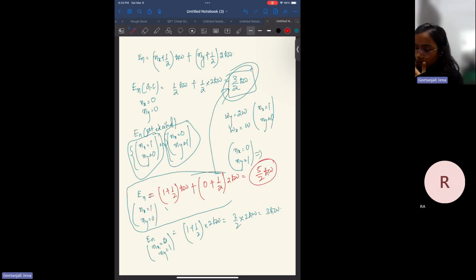This is now 3 by 2. I have missed this term while calculating. So this is 5 by 2 h cut omega, and this is 3 h cut omega. So this is the first excited state energy, this will be the second excited state energy, and this is the ground state.